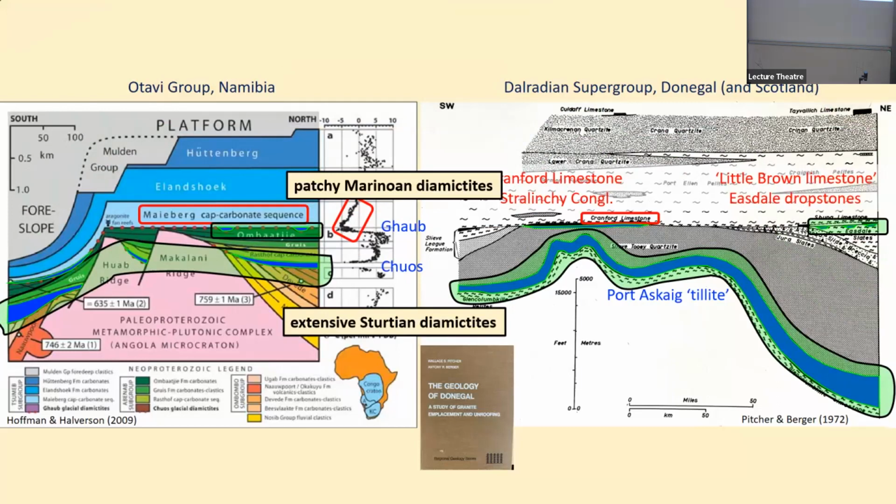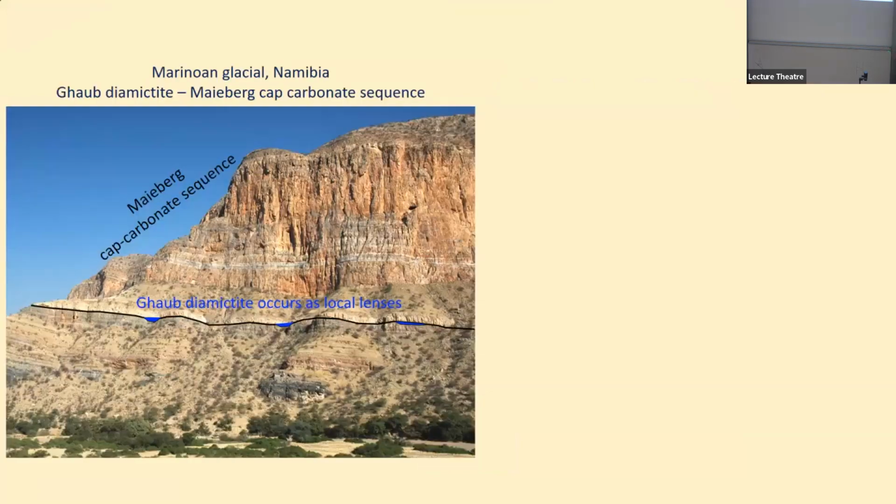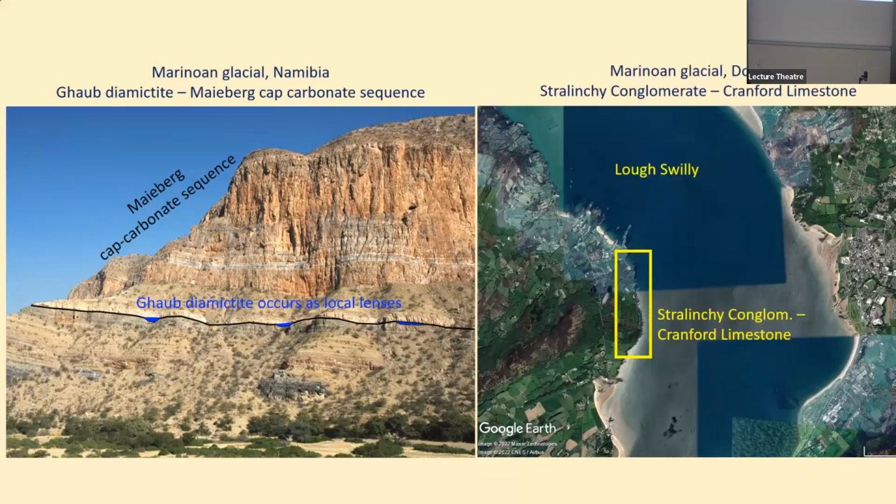And let me show you that. There is the Namibian section. I've colored in blue where you walk along that contact and you'll find just little skiffs and lenses of the diamictite. Above it, that entire mountain face is the cap carbonate, the meltback phase and precipitation of carbonate following the glacial phase. Slightly less well exposed, Loch Swilly.